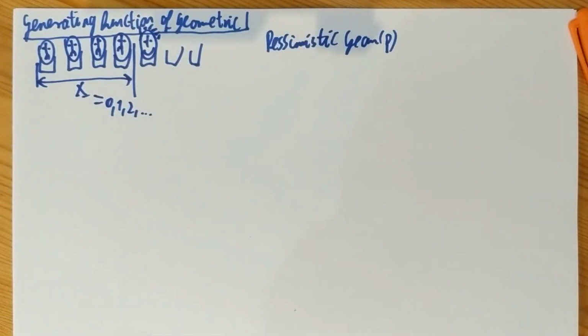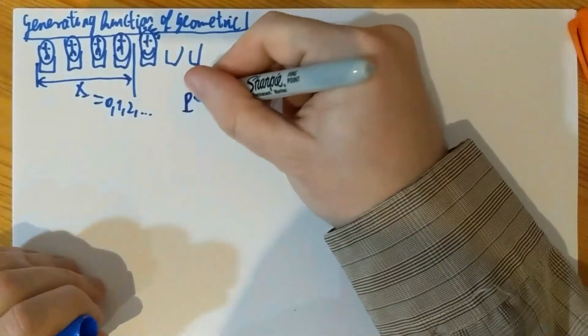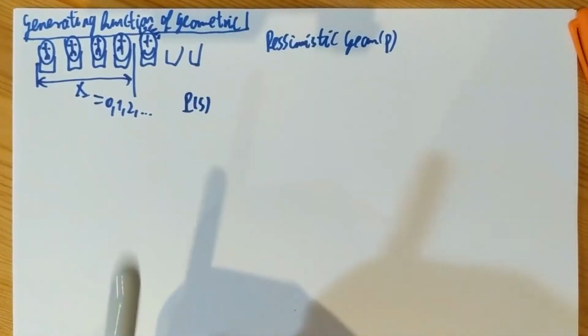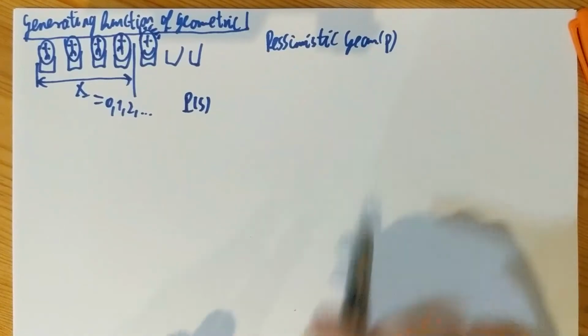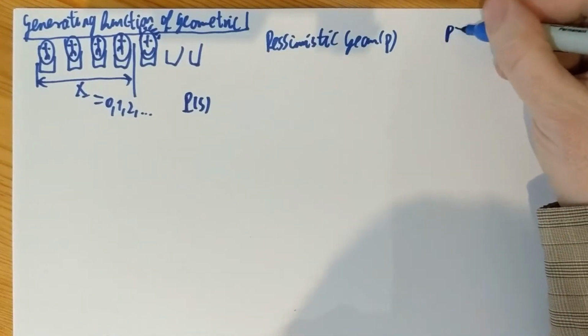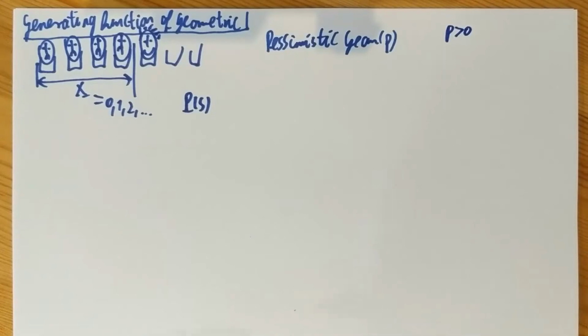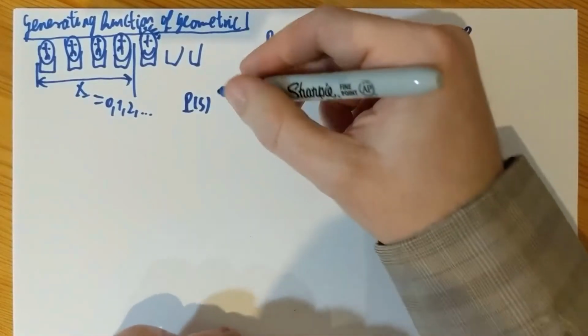In this picture it happens to be 4. So let's find this generating function. With probability 1 it's finite. The probability that I never get a success is 0, since I'm assuming P is strictly positive, so it's a proper random variable.